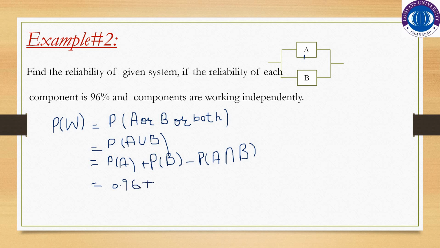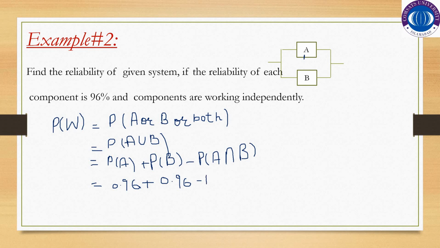Also, the probability of working of component B is 0.96. How we will find probability of A intersection B? Intersection, it means multiplication law, and multiplication law A and B are working independently.